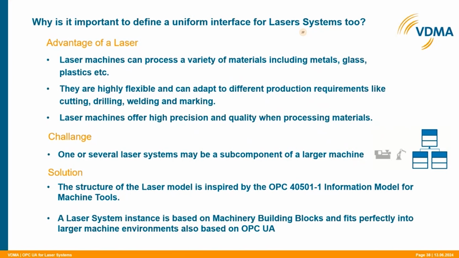So if you build an instance of the laser system, you are using building blocks from the machine tools, and so this fits perfectly into larger machines. And we saw examples in the use cases. For example, the unified identification of machines is really the same in between machine tools, or the system is running or not running. This is also a very common use case.